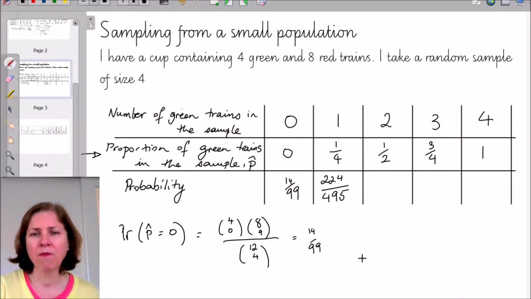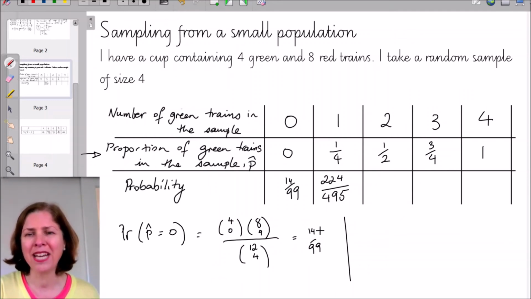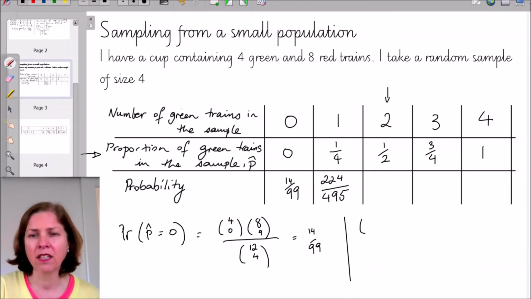I can do the same for when I've got 2 here, and of course I'm going to do this in my CAS, and the easy thing about that is I can just go and edit the numbers. So when I'm doing the probability that p hat is 1/2, I'm really looking at 4 choose 2, 8 choose 2, and 12 choose 4, and I get 56 over 165.